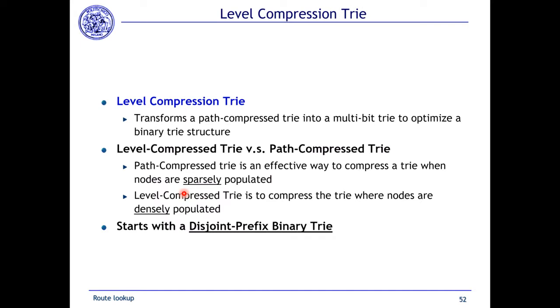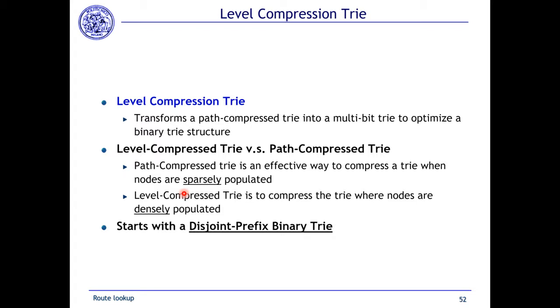And the idea is that we can transform a path compressed trie into a multibit trie in order to optimize the structure. And the level compression is possible when you can compress an entire subtrie into a single node.